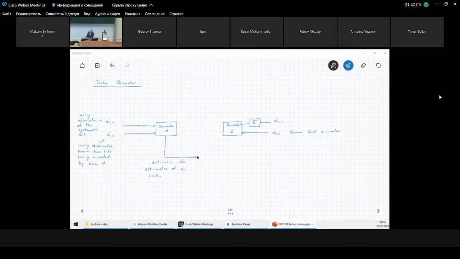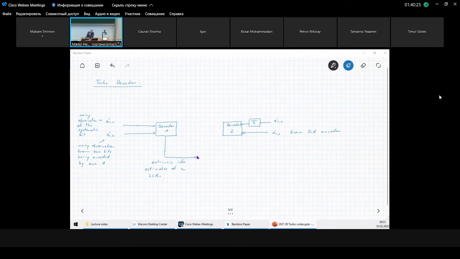But now I want to use in decoder 2 what I already know from decoder 1. I want to use the information that we figured out on the bit to be estimated. But notice on the left-hand side we have the non-interleaved version, and here we process the interleaved version.